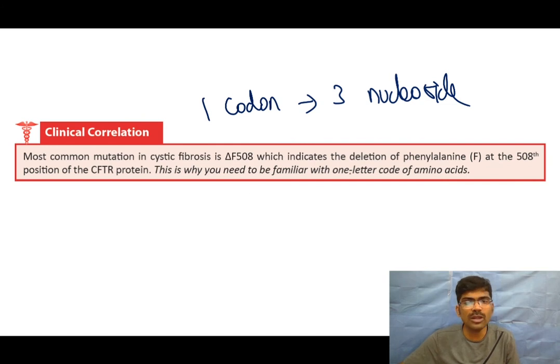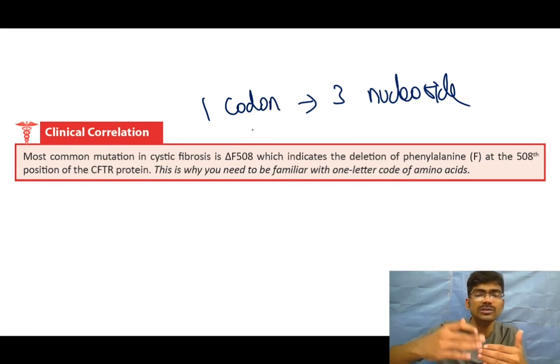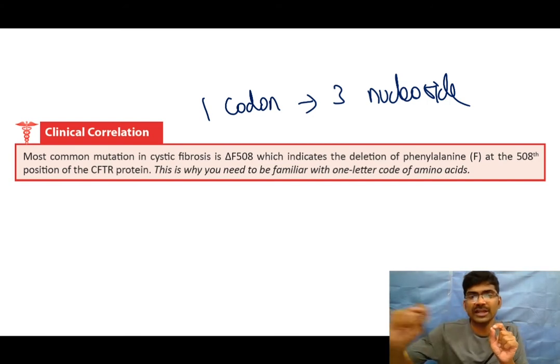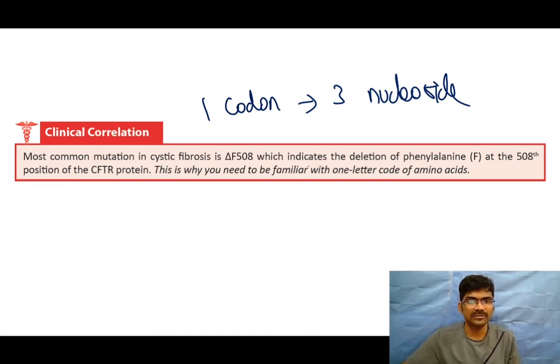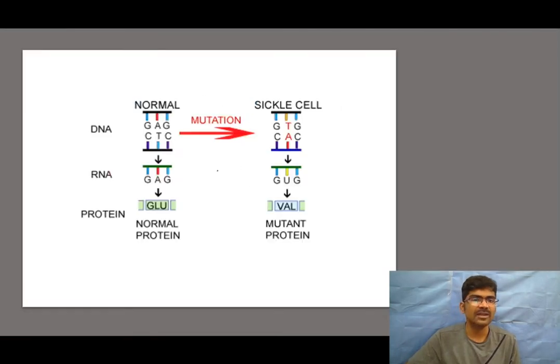No, it won't lead to a frame shift, because any deletion which is in a multiple of 3 is not going to change the open reading frame. Okay, the reading frame is not altered, just there is a deletion, right? You got my point. What is the importance of knowing the 1-letter code of amino acids? And see the 3-letter code also.